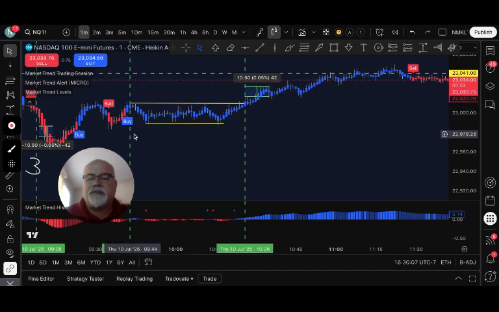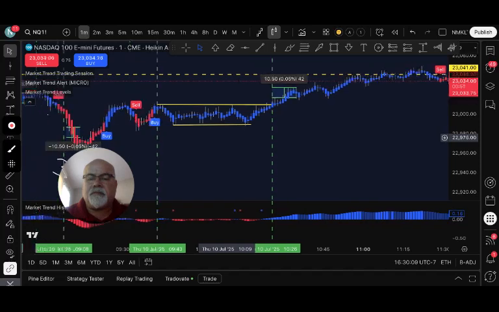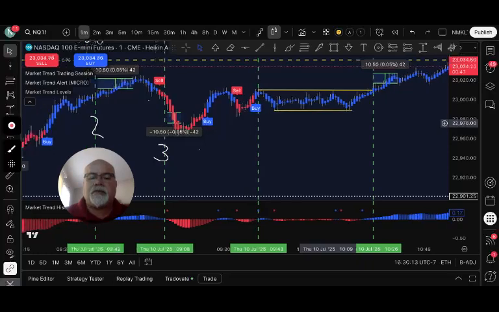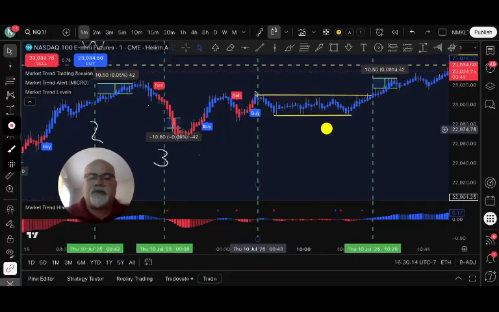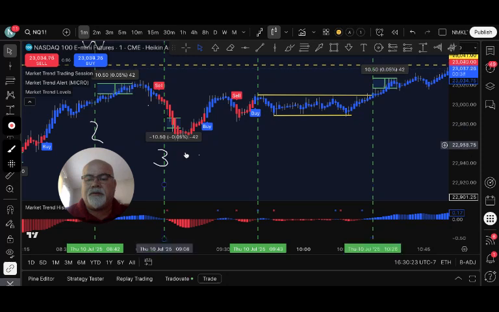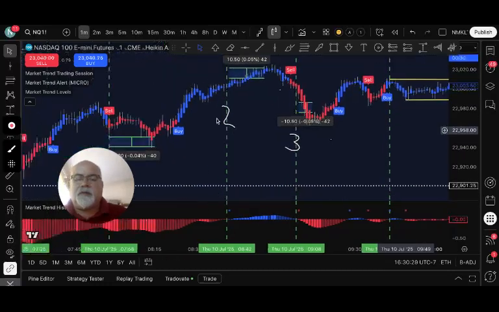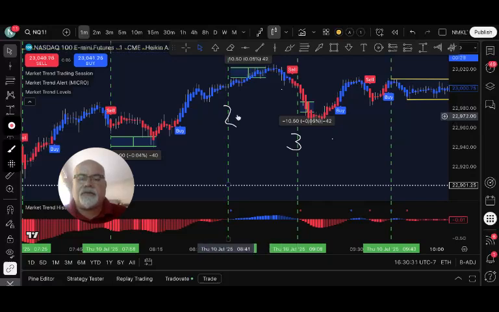Trade number two. We don't really get into this trade here because it really never hits the buy stop, so that doesn't count. 1, 2, going back this way. 3, this is trade number 3.